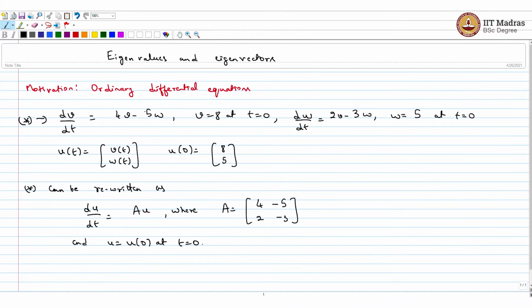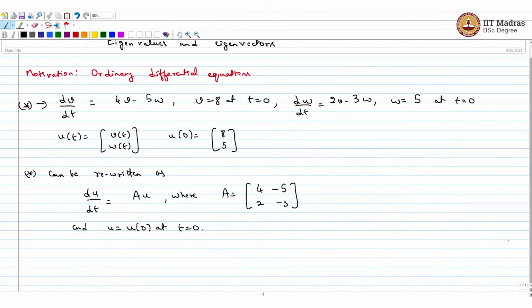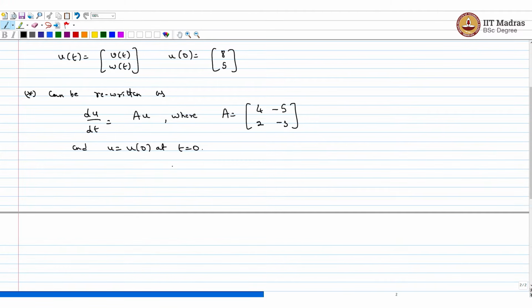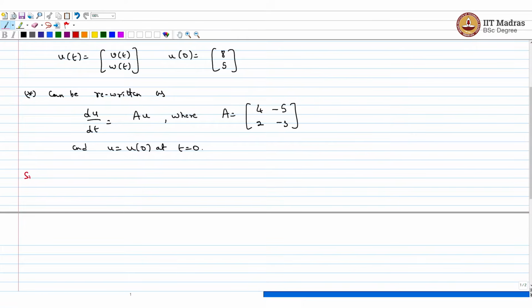Now, you want to solve an ordinary differential equation like this, and the solution of such equations leads naturally to eigenvalues and eigenvectors. We'll look at a very simple case. Consider a simple case of a single equation.